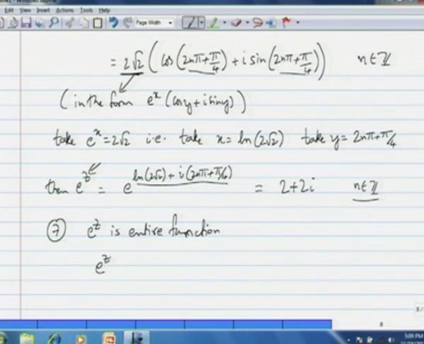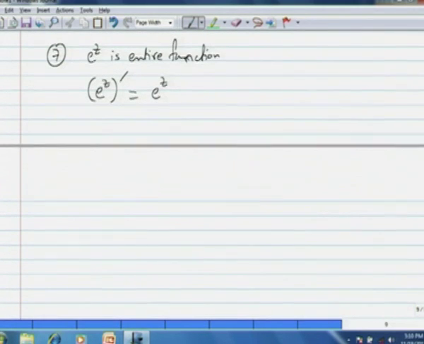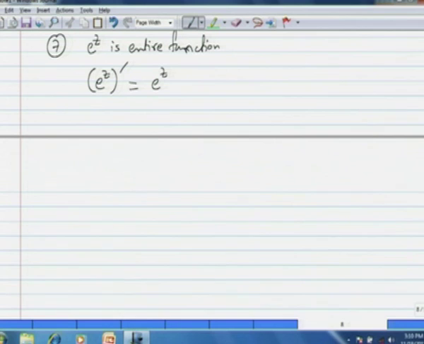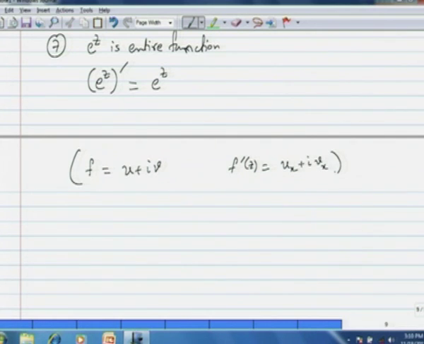Furthermore, the derivative of e power z, e power z prime, is equal to e power z. There are various ways to find the derivative of an analytic function. If f is an analytic function with real and imaginary parts u and iv, then one of the ways to obtain f prime of z is to take the partial derivative of u with respect to x plus i times the partial derivative of v with respect to x.